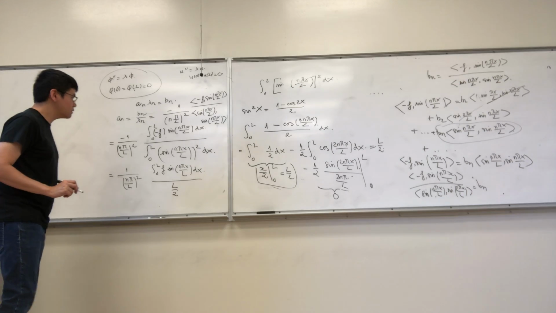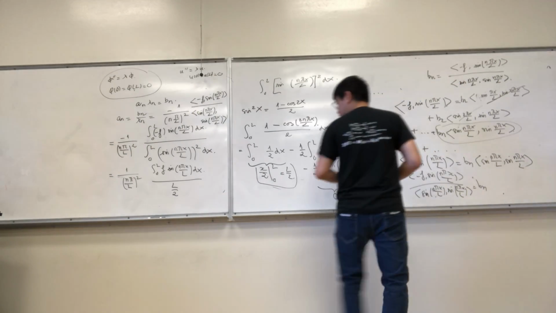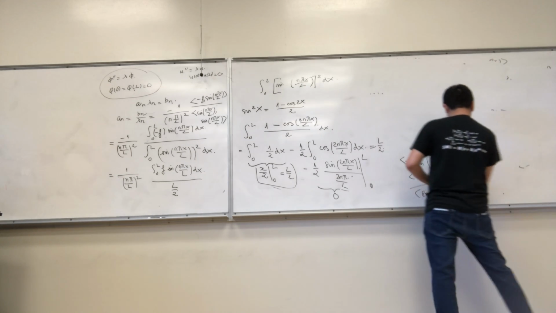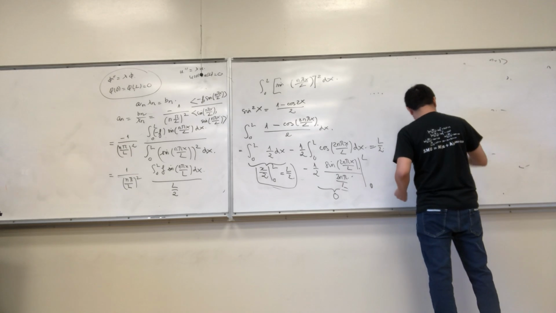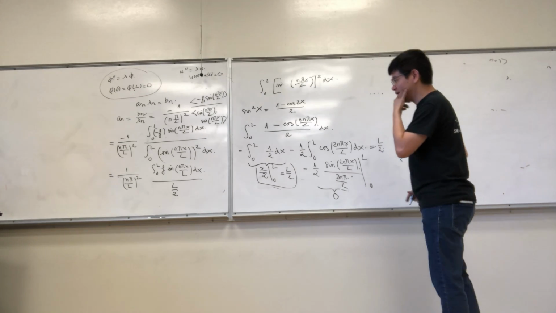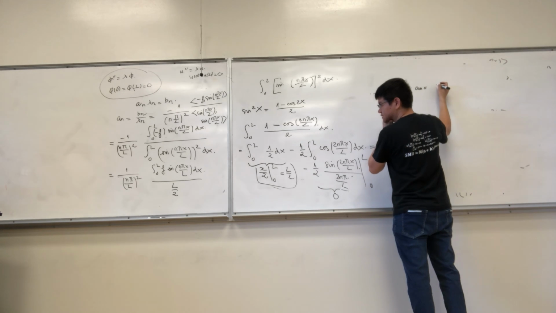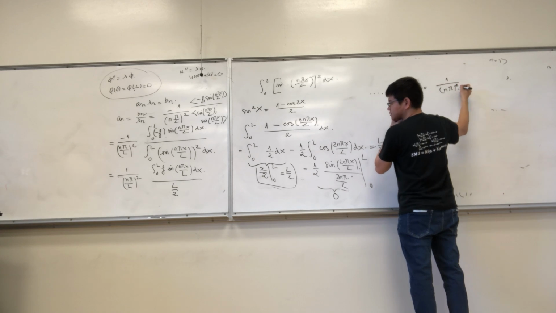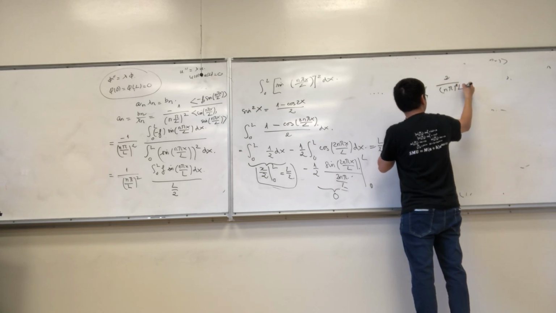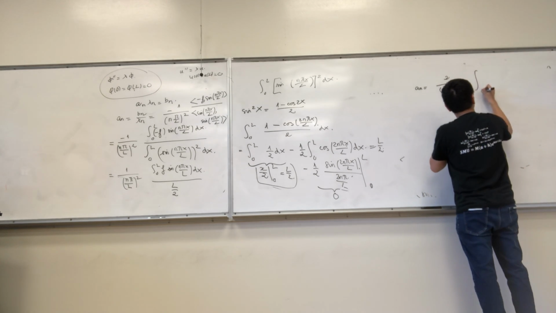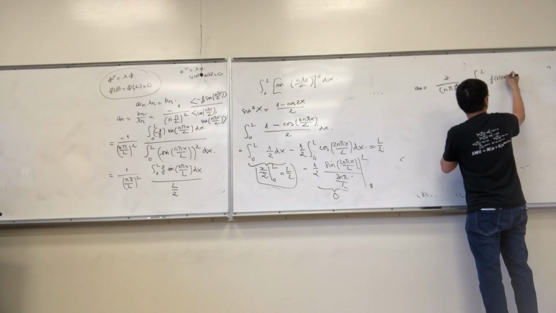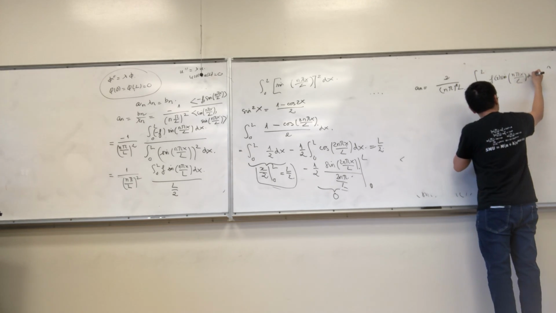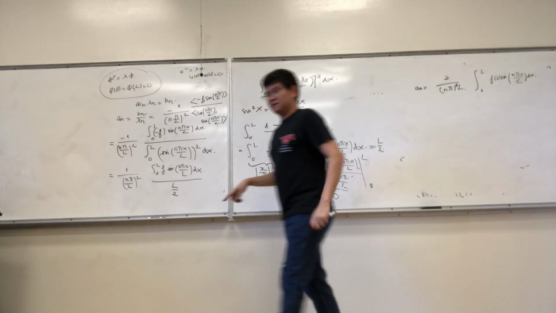All right? And so I can simplify that, and I get an is 1 over n pi squared times, this is 2 over L, and then I have the integral from 0 to L of f(x) sine of n pi x over L dx, right? Yes?